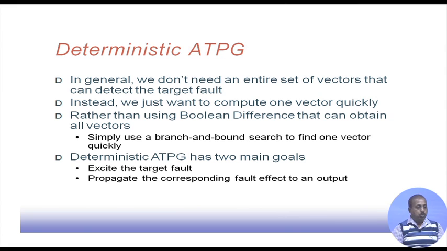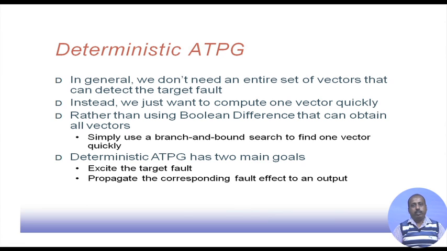So, rather than using Boolean difference that can obtain all vectors, we can use some sort of branch and bound search technique to find one vector quickly, and then do fault simulation to see which other faults this vector can detect, and then try out the remaining faults, dropping all the detected faults from the set. So, deterministic ATPG has two goals: excite the target fault and then propagate the corresponding fault effect to an output.